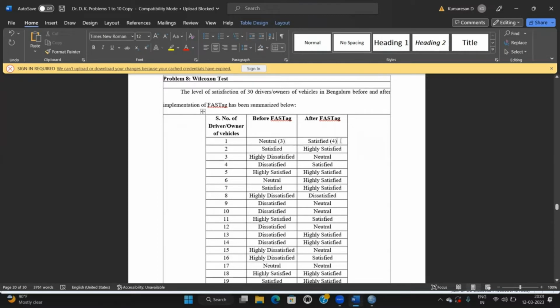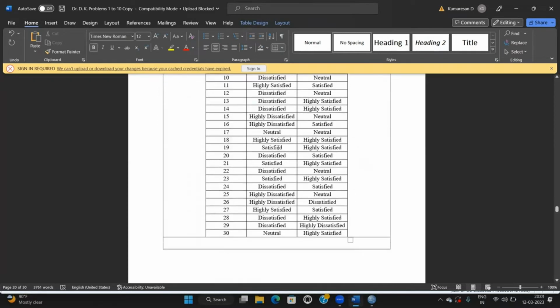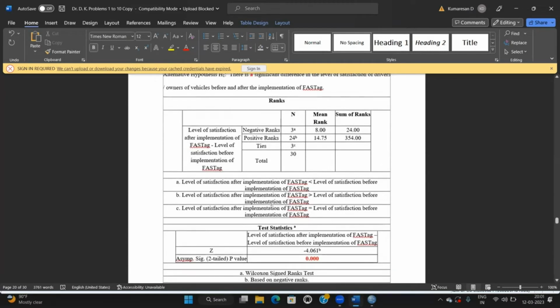After implementation of FASTag, the score is 4; before implementation, the score is 3. If the after score is greater than the before score, it is considered a positive rank. Okay.